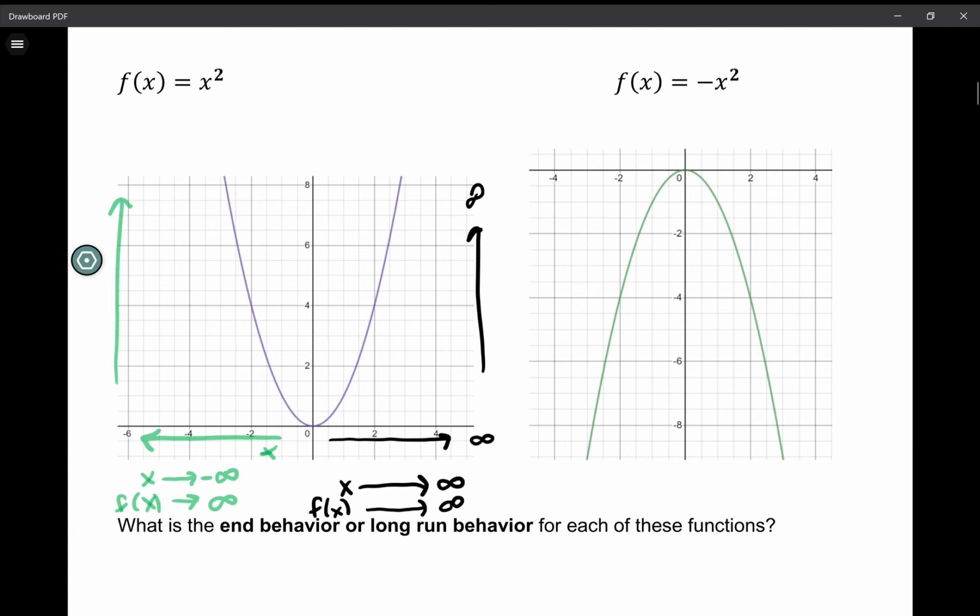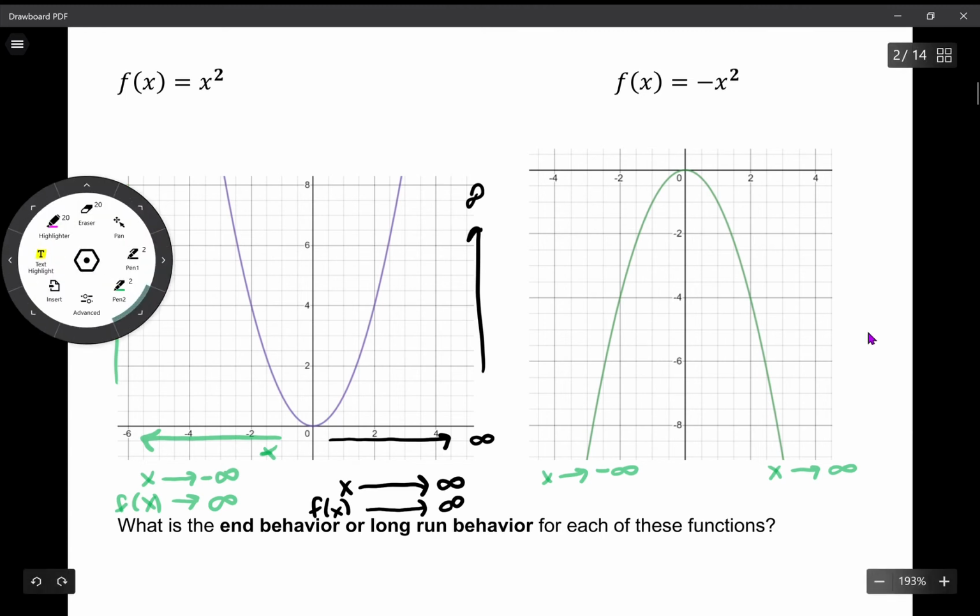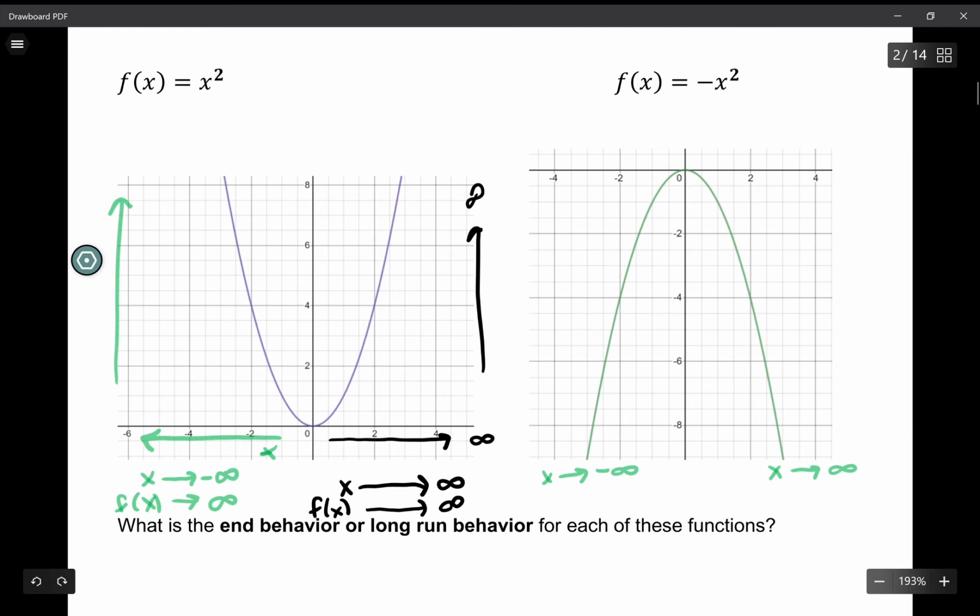To contrast that, let's look at what happens to minus x squared. Pause the video for just a second and see if you can figure out what happens to minus x squared as x goes to minus infinity or as x goes to positive infinity. All right, I hope you're back. As x goes to negative infinity, the function goes to minus infinity.